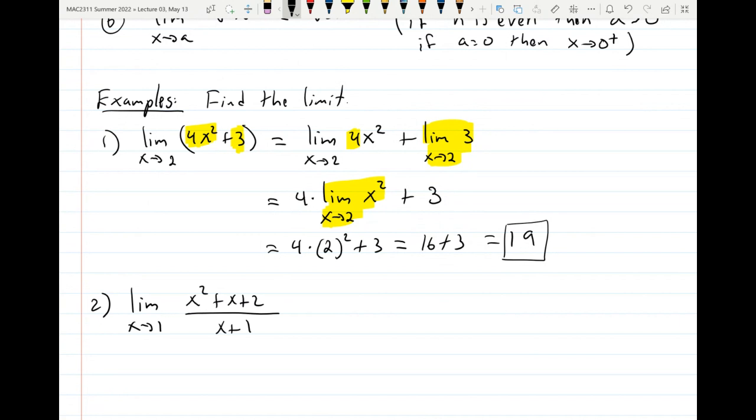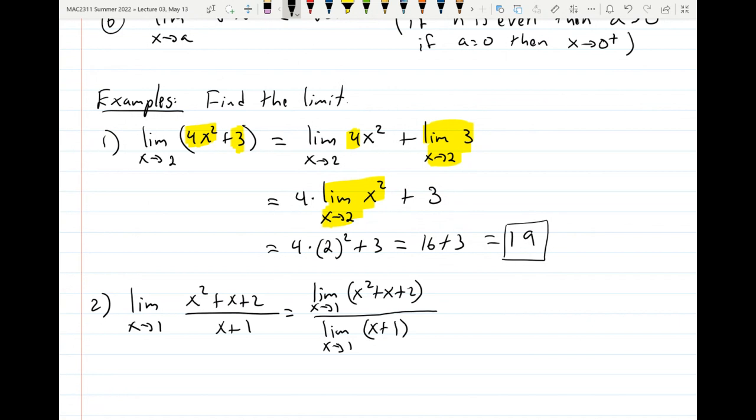In this case, we see at the bottom the limit is 2, right? When x approaches 1, x plus 1 is going to approach 2. So we are good to go. So we can split this. As I said, in these two examples, this is the only time that I'm going to be doing this one step at a time, because typically we just skip all of these steps and move straight to the answer.